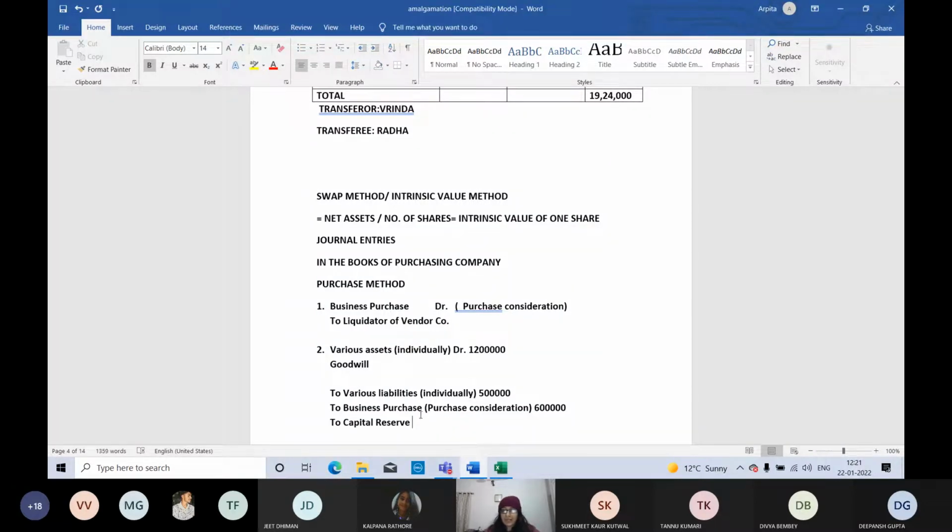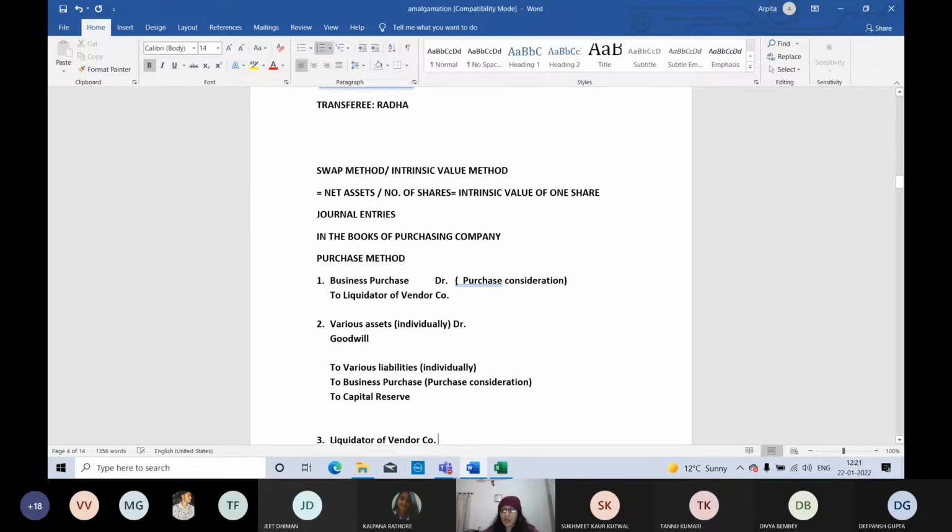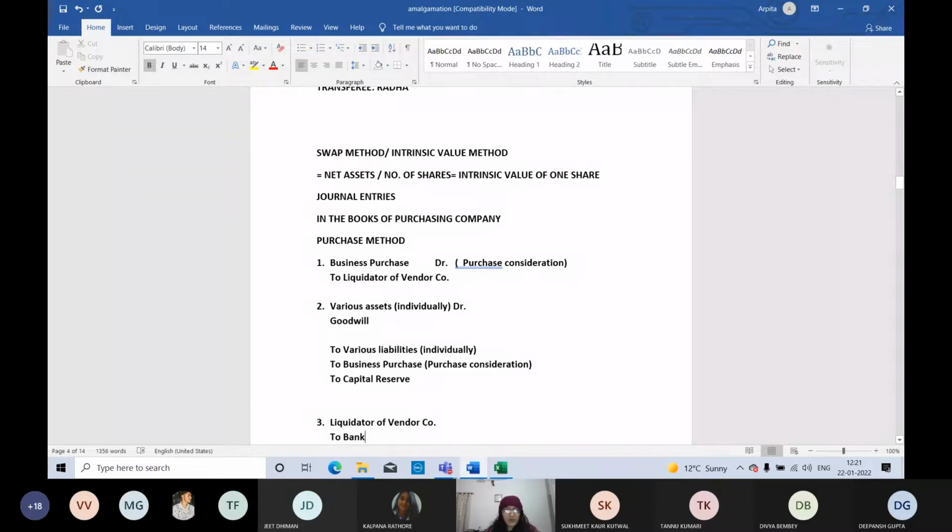Okay, so let me explain this entry to you. It's very important that you're going to debit the assets, you're going to credit the liabilities, you're going to credit the business purchase, and then you're going to see which side is bigger. So here you can write it in your notebooks: if the debit side is greater than the credit side, what am I going to do?